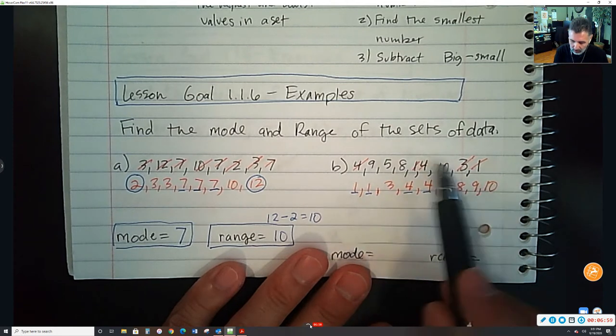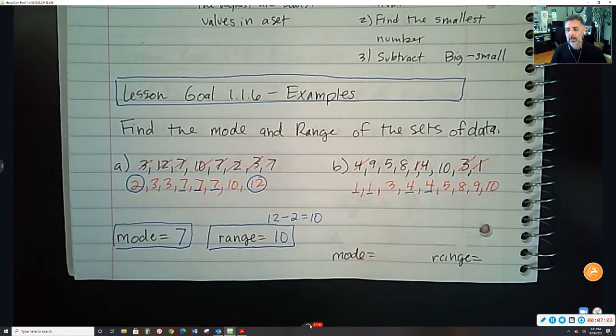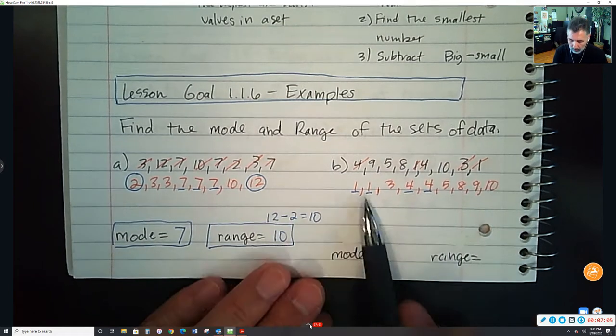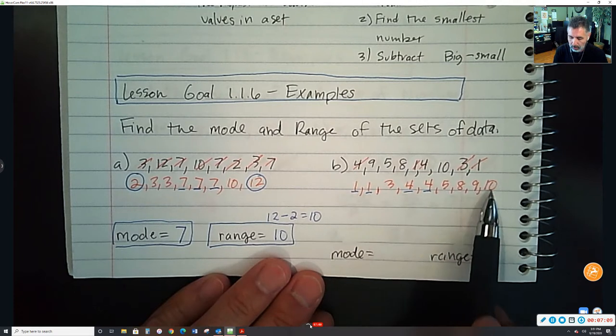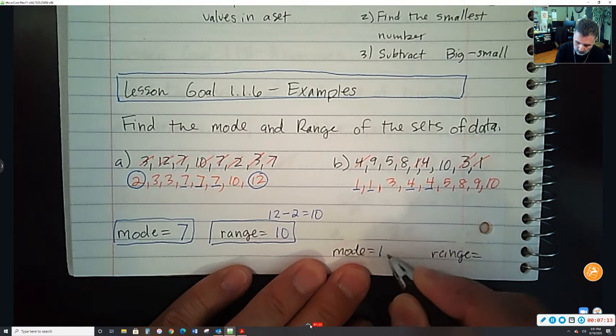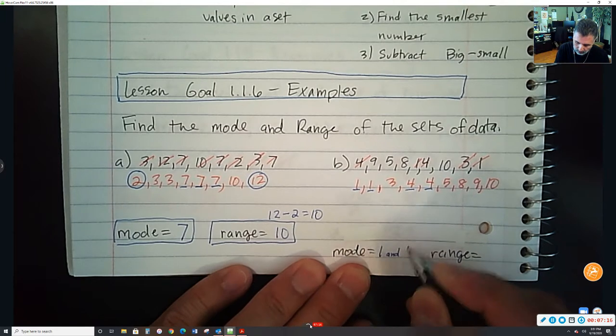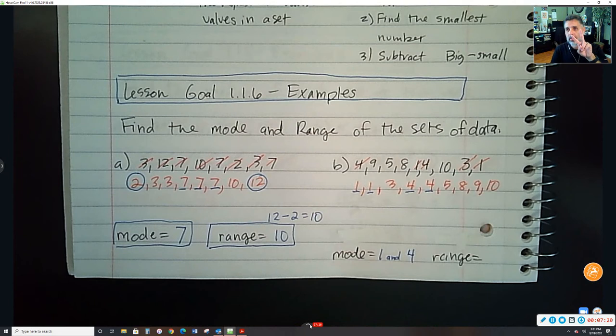I just wanted to make sure I wrote them all down. Okay, so I have 2 1s and 2 4s, and then 1 3, 1 5, 1 8, 1 9, and 1 10. So that means the mode here is 1 and 4, because those two numbers appear more than the other ones.